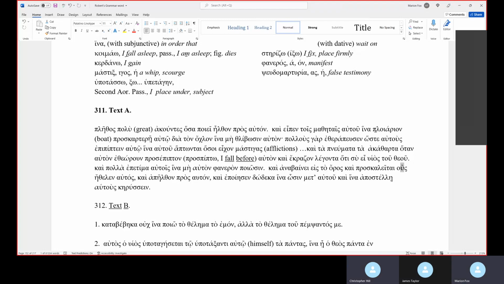Sounds good. I'll put another file here, and tell me if you're seeing it. You see it? It should be up there. Do you see it? No, just the old one. I'm still at 311 text A. Yep, same here. Okay. Well, what I'll do is I'll go out of it and get it.